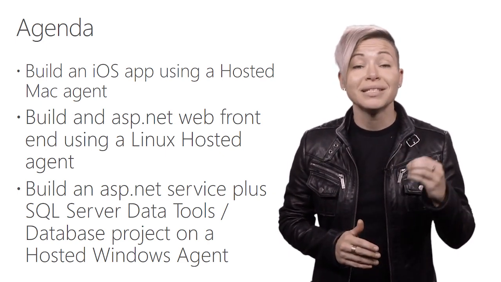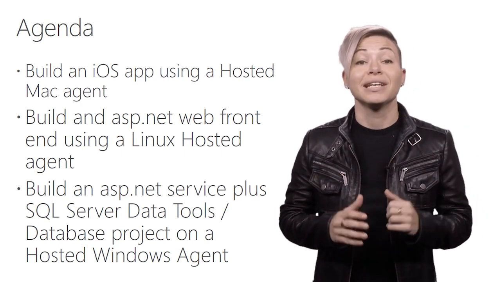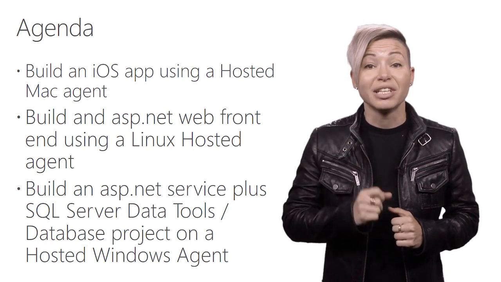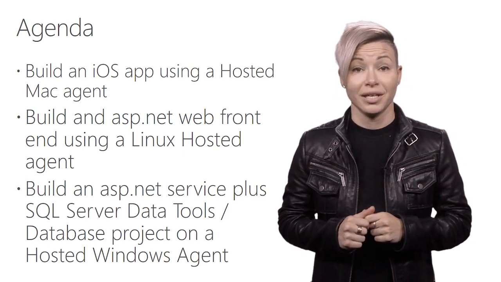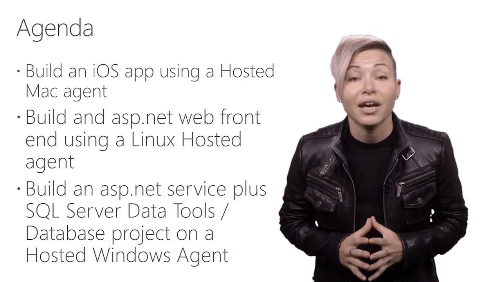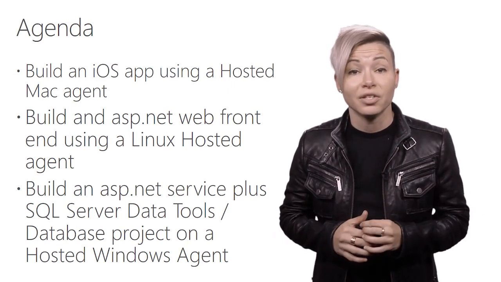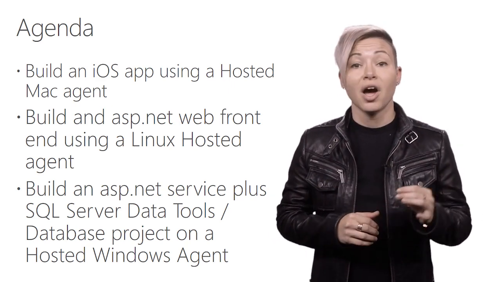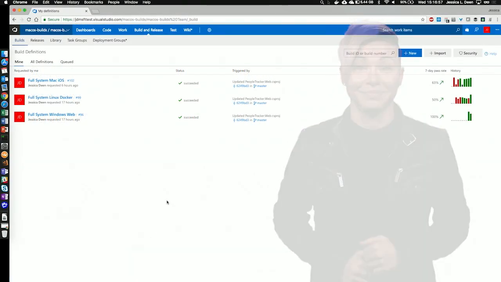Next, we will build an ASP.NET web front-end on a hosted Linux agent, and then build a Docker image, which we will push to Azure Container Registry. Finally, we will build an ASP.NET Core app with SSDT, or SQL Server Data Tools database project, on a hosted Windows agent. Let's go check it out.